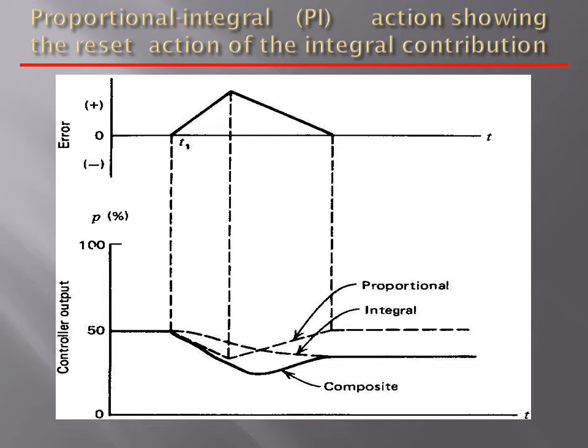The first dotted portion shows what the controller output will be if it is only proportional action. The second dotted output shows the output when it is only integral controller. And the third dark line shows the output of the composite controller, that is the output of proportional plus integral controller.